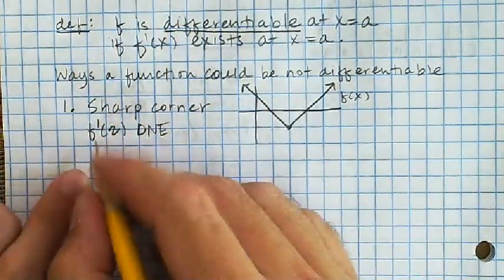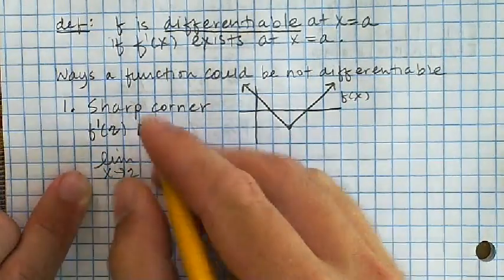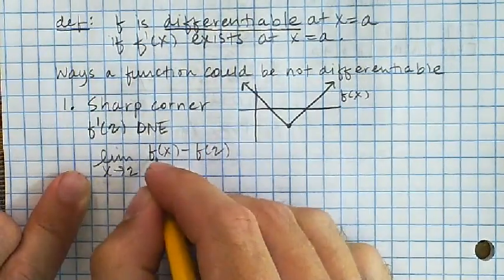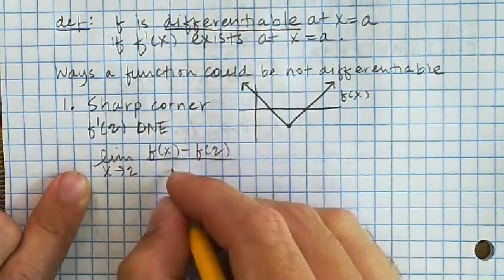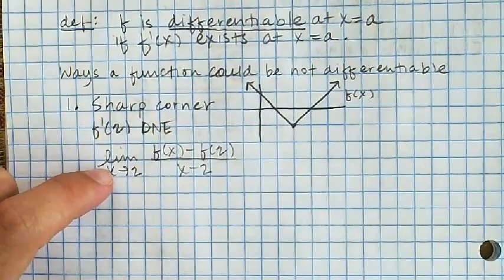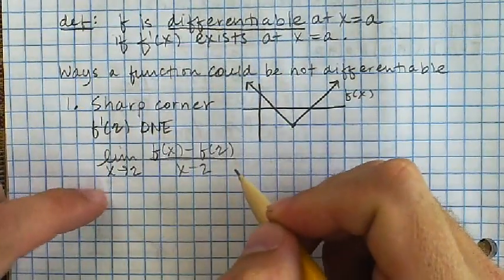because the limit, and let's actually look at this, the limit as x approaches 2 of f of x minus f of 2 divided by x minus 2. This limit doesn't exist. I'm just telling you because of the sharp corner, but let's figure out why.